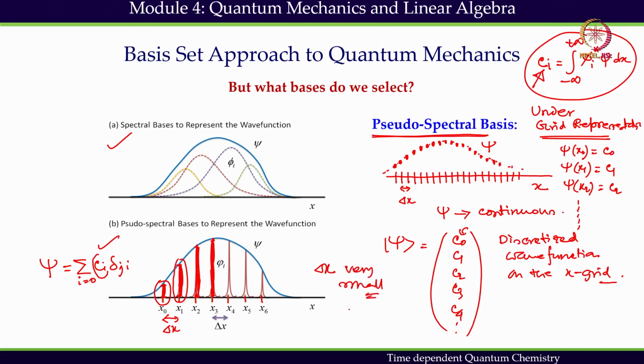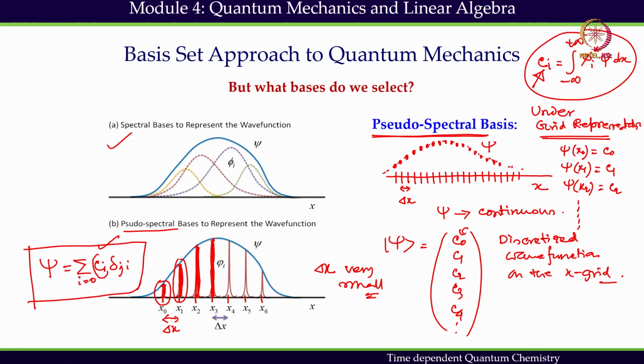So, they are not heavily separated, they will be very close to each other, so that we can use a large number of grid points and represent the wave function. It is the value of the wave function on those grids. So, it is representing function values on those grids, and the form of the pseudo spectral basis is going to be like this, a delta function represented by this and then the C I value.